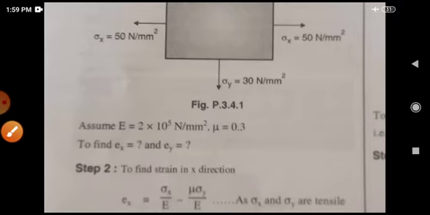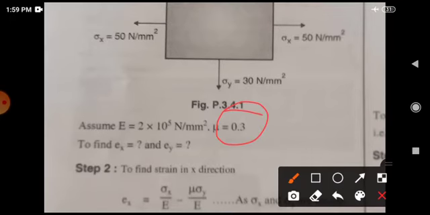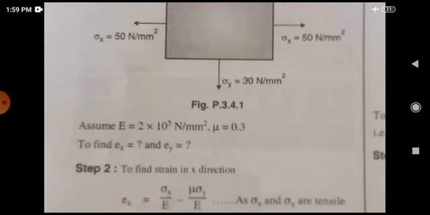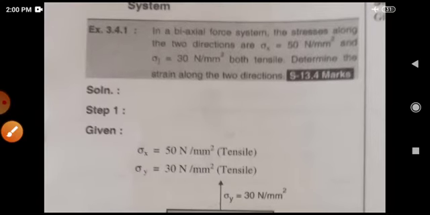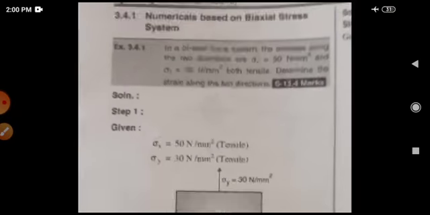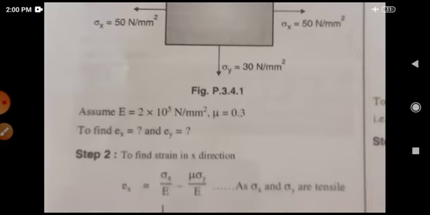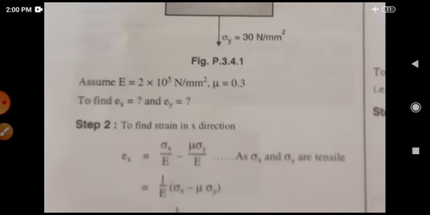We have already studied that the value of mu is between 0.2 and 0.5, so we are considering it to be 0.3, and E equals 2 into 10 raised to 5 Newton per meter square. Sometimes they give you the material, and depending on the material you have to select this value of E.